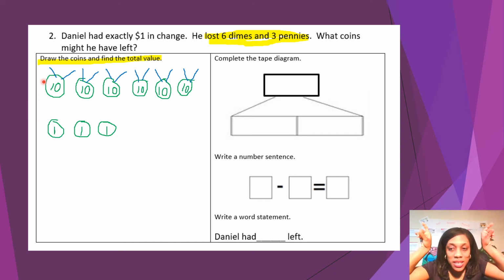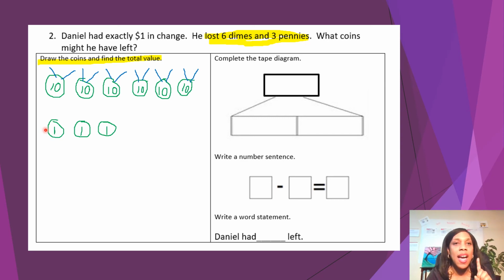Yes, I'm using those antennas again because those antennas help us to count quickly. Remember, each antenna is worth 5, and since I'm using dimes, we get 2 antennas, 5, 10. So let's count. 5, 10, 15, 20, 25, 30, 35, 40, 45, 50, 55, 60.